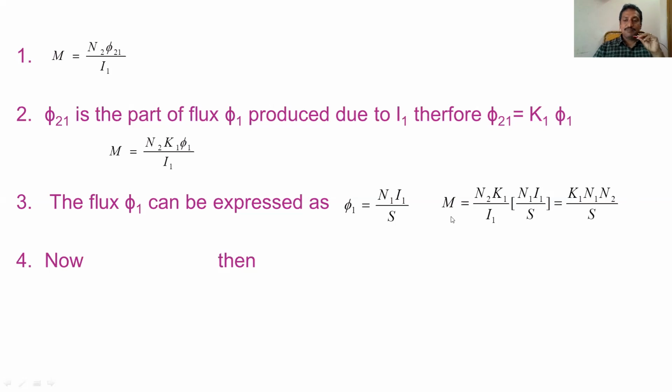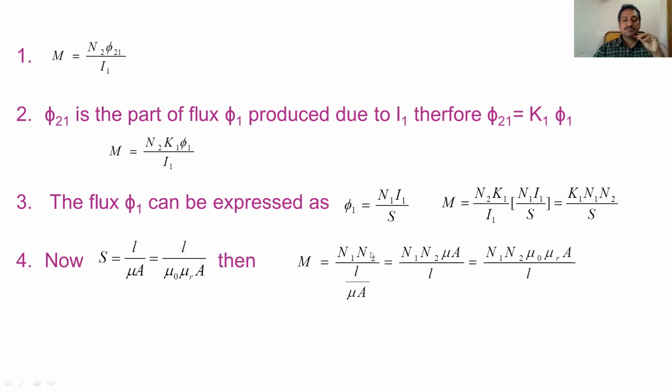So mutual inductance depends on the number of turns of the two coils and the reluctance. Where S is the reluctance, L by μ A, or rather L by μ0 μR A, then M is modified as N1 N2 divided by L by μ A. K1 is a constant, so we put it as 1.